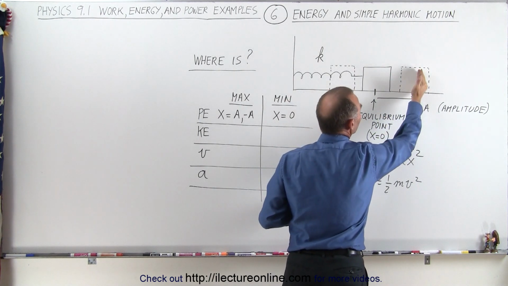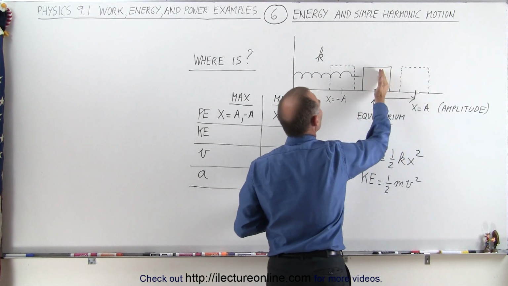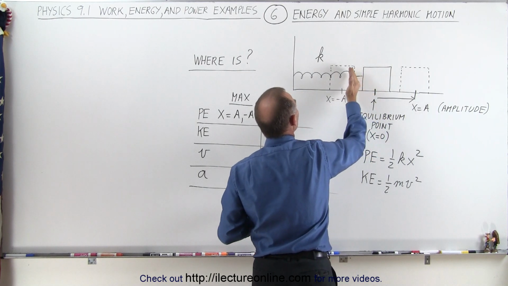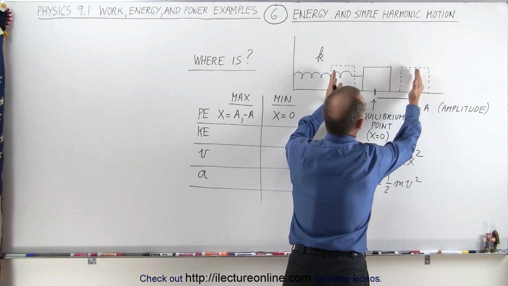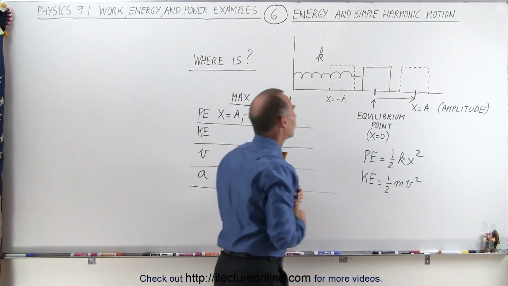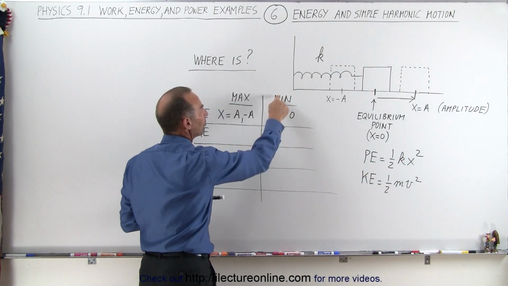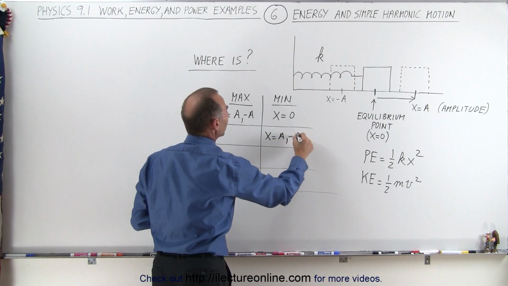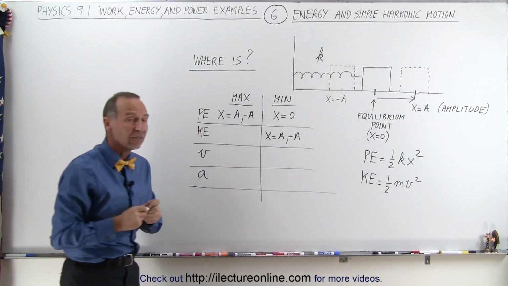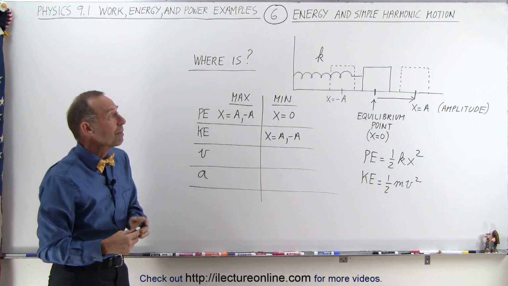Momentarily the velocity will be 0 there, and in the other direction it will decrease in speed until it reaches that point, stop, and then go in the opposite direction. So velocity is 0 at the endpoints, and therefore kinetic energy is a minimum at x equals a and at x equals minus a.